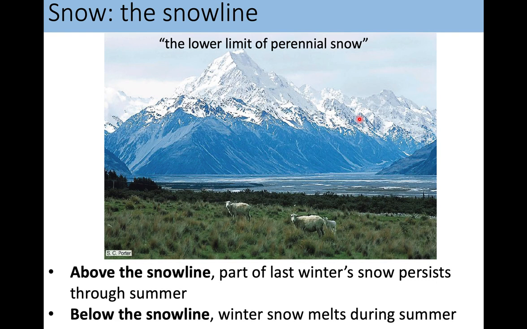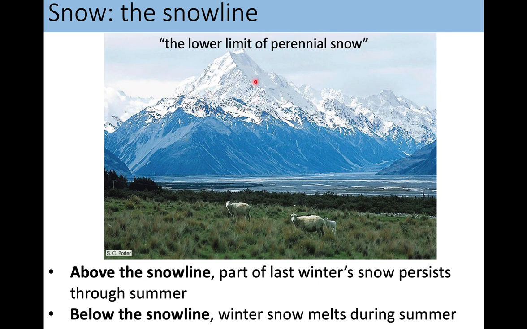So the snow line, when you look at the mountains and you can see the line across the mountains where above there is snow and below there is not, we call that the snow line. It's sort of the lower limit of snow. So where in height, in elevation, is it cold enough for snow to last?